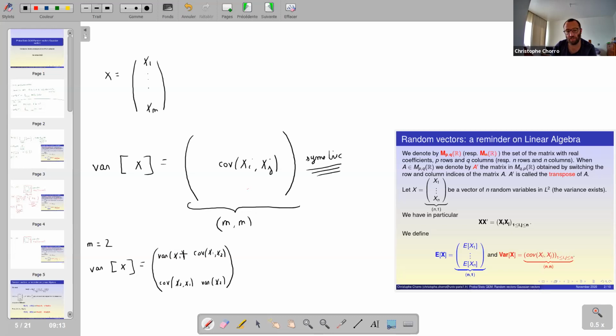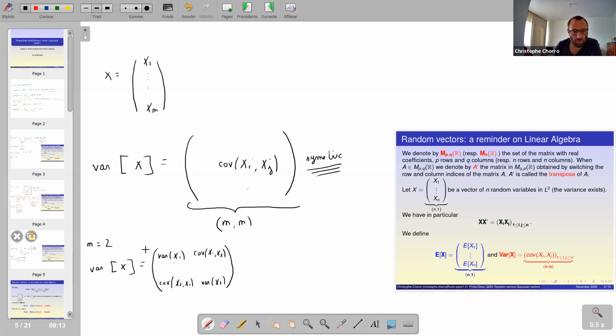So if you change the lines into the columns, since these two coefficients are equal, we obtain exactly the same thing. So it's what we denote by the variance of a random vector, the matrix made from all the covariances this way, and I obtain a matrix that is symmetric.